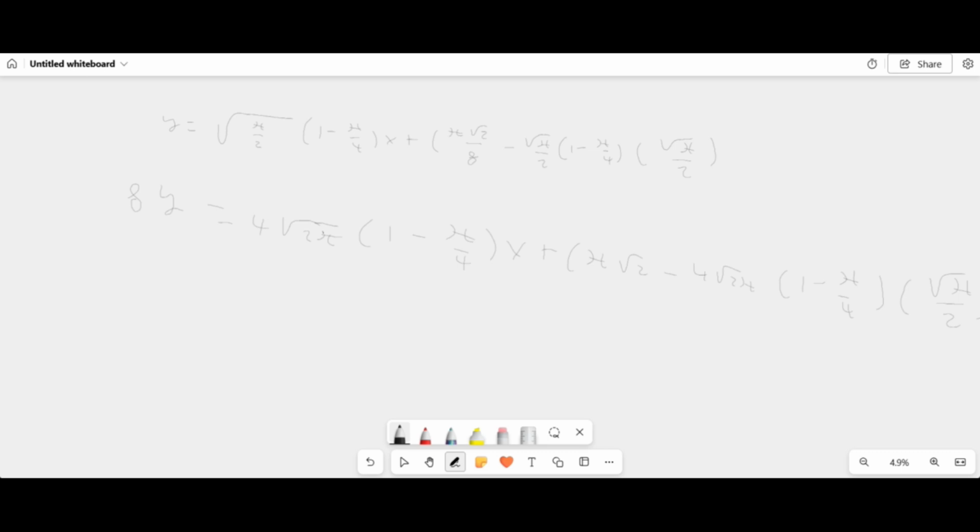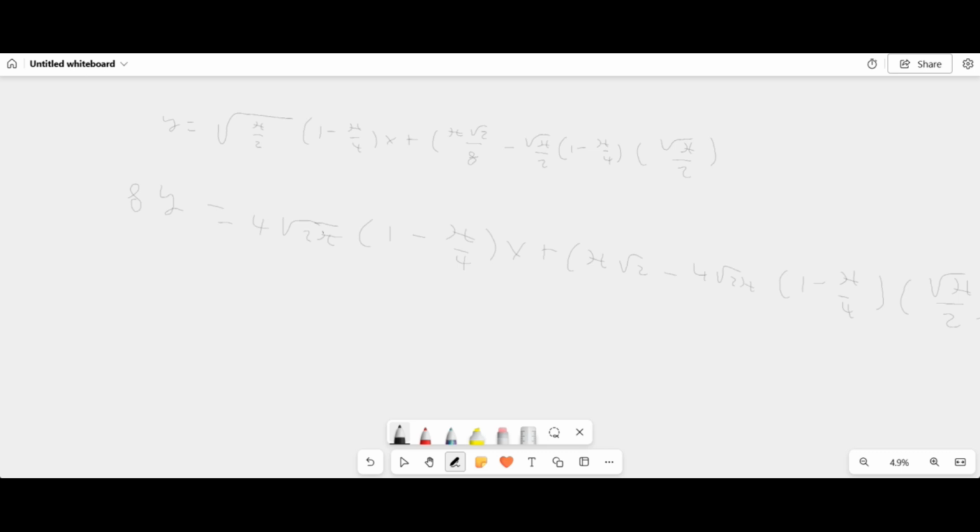So what's c then? C is this whole thing moved to the left. So pi root 2 over 8 minus root pi over 2, open bracket 1 minus pi over 4, open bracket root pi over 2. That's equal to c. Alright, cool.